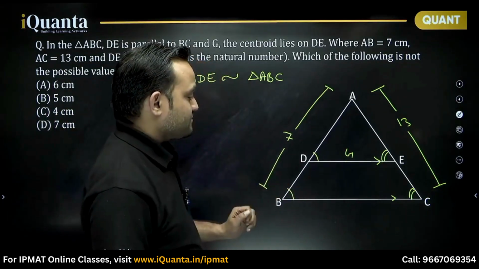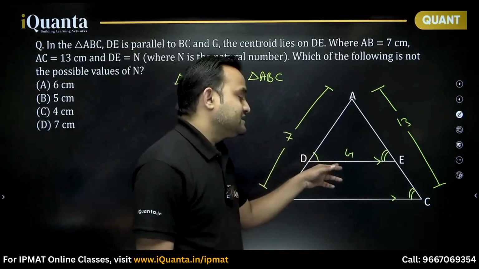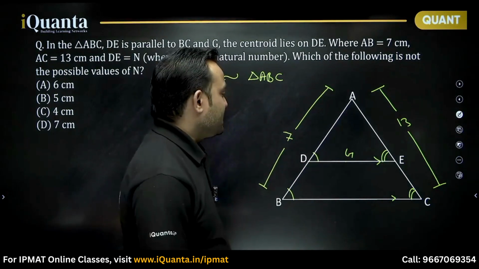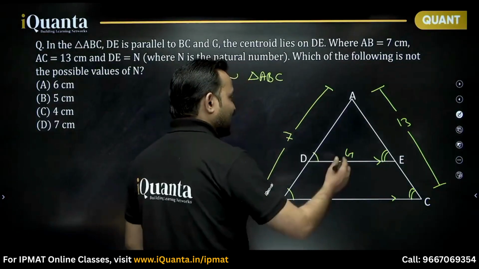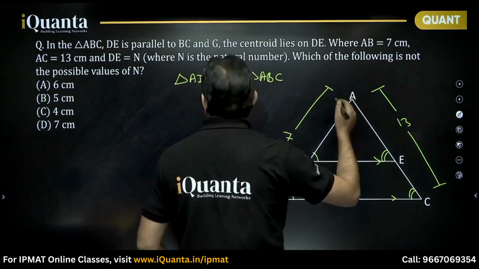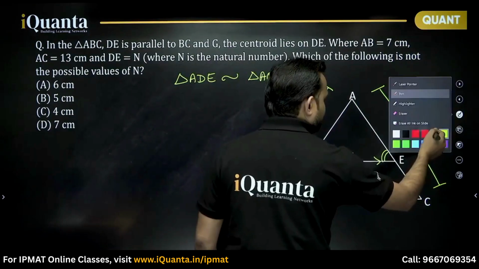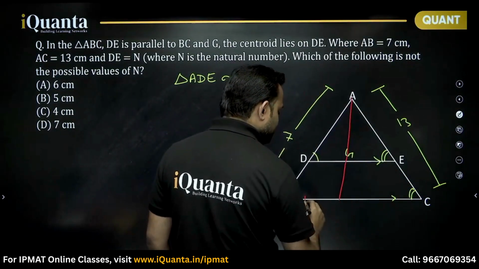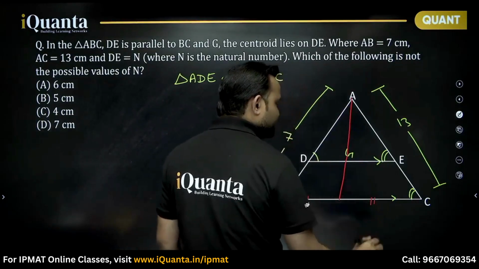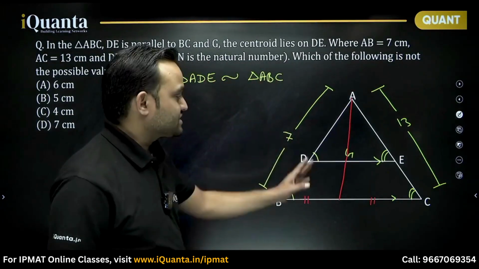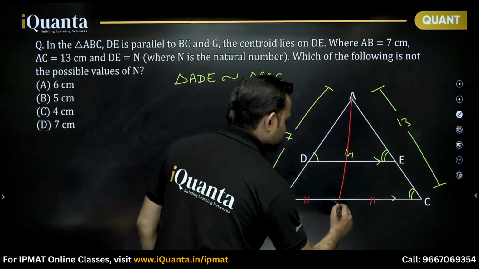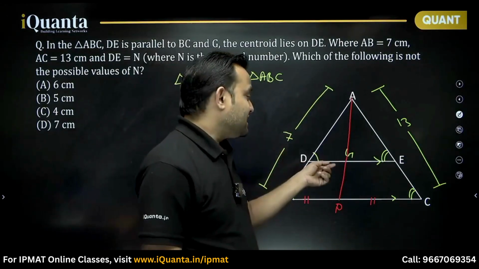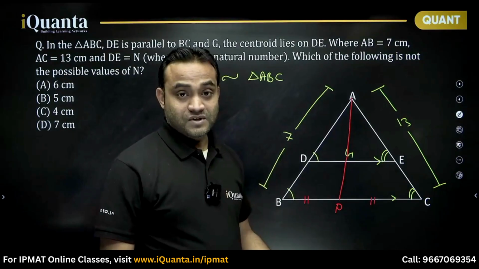So let's check. Can we say G is the centroid, right? G is nothing but the centroid. If I draw a line from A which goes through G, what can we say about this? Can we say this line is nothing but the median of this triangle, right? Let's say this point is P. So AP is nothing but the median because G lies on the median, right?